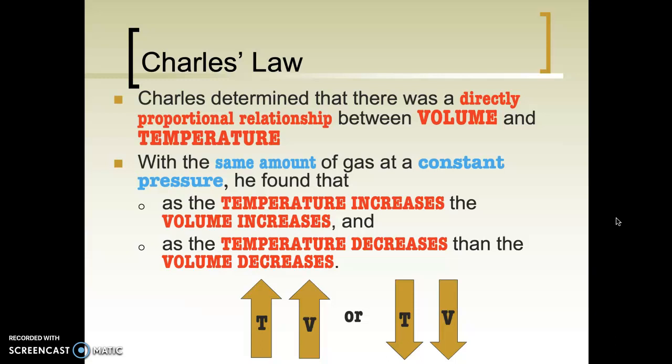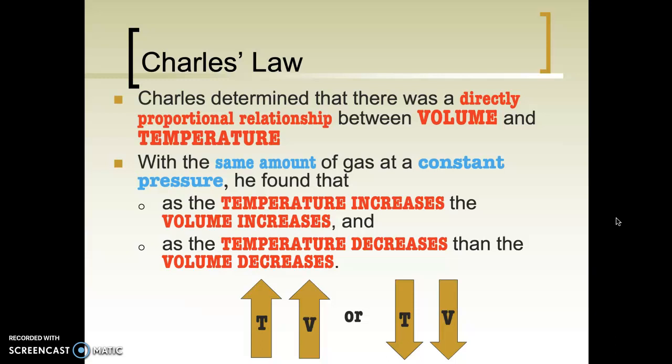As the temperature increases, the volume increases. And it also means the opposite of that. If the temperature decreases, then the volume is going to decrease. One does what the other does. They are directly proportional to one another.